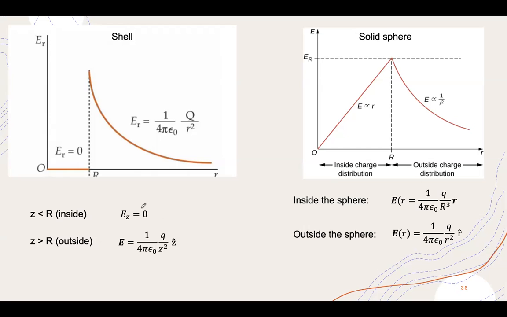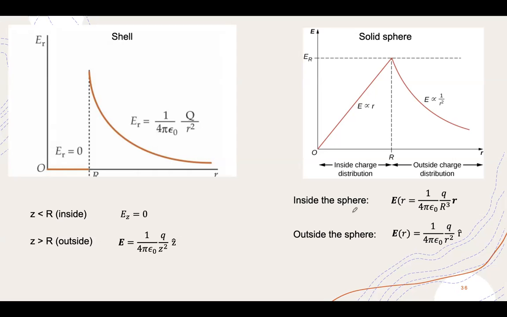So E(Z) equals 0 up to the radius R. Then beyond R, when Z is greater than R, it simply behaves inversely proportional to the distance square. This expression we already calculated, and therefore you can see that this is a decaying parabolic kind of curve. So this is for the shell.